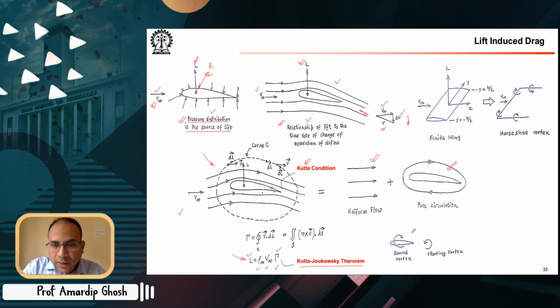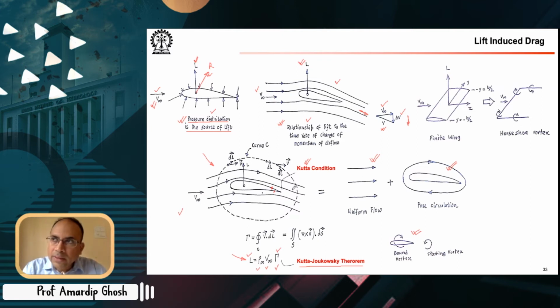Also, if you think of an experiment, we talked about this during our discussion of the Kelvin circulation theorem, that as you start a wing, you have a starting vortex, you have a bound vortex. The strength of the bound vortex is such that the flow will leave the trailing edge smoothly. This is difficult to prove theoretically, but it is always seen experimentally that flow leaves the trailing edge smoothly.